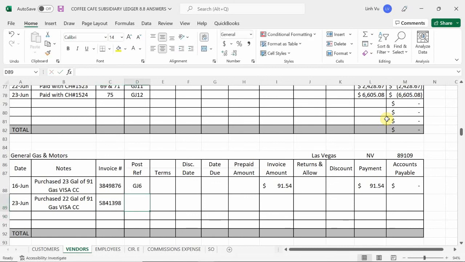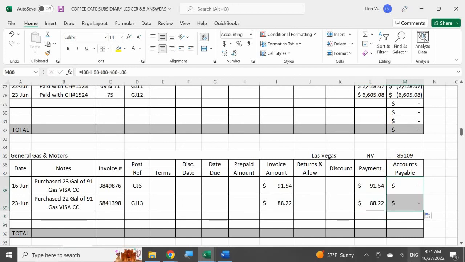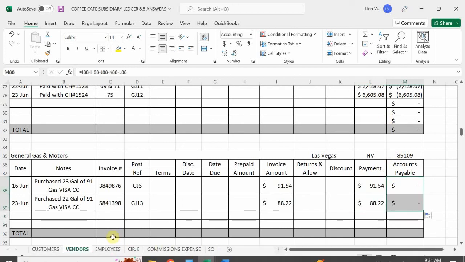And then general journal 13, and it was for $88.22, and we paid with our Visa credit card. So we don't owe General Gas anything, but just in case. Okay, good.